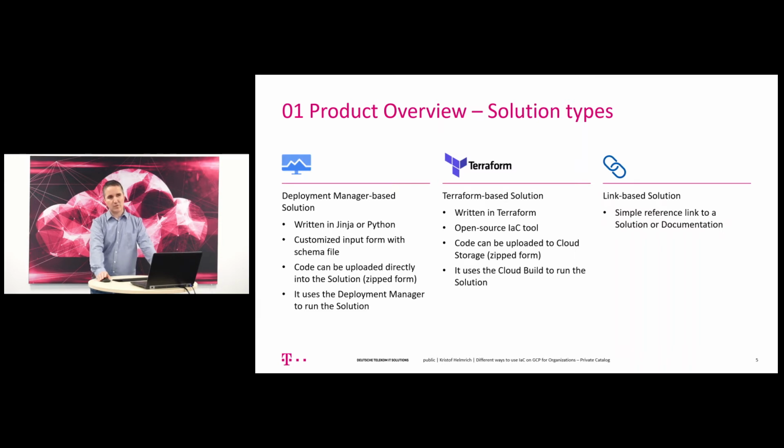In the background, Deployment Manager will run to execute the solution. The second one is a Terraform-based solution, and in that case, the code can be uploaded directly to a cloud storage. In the background, Cloud Build will be executed to deploy the solution. The third one is a link-based solution, which is a simple reference to solution documentation.